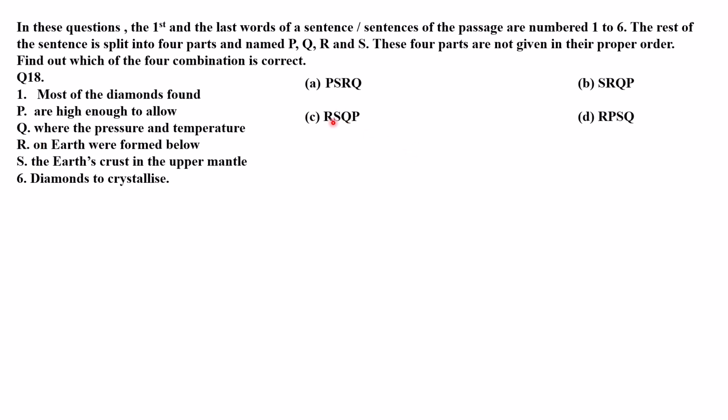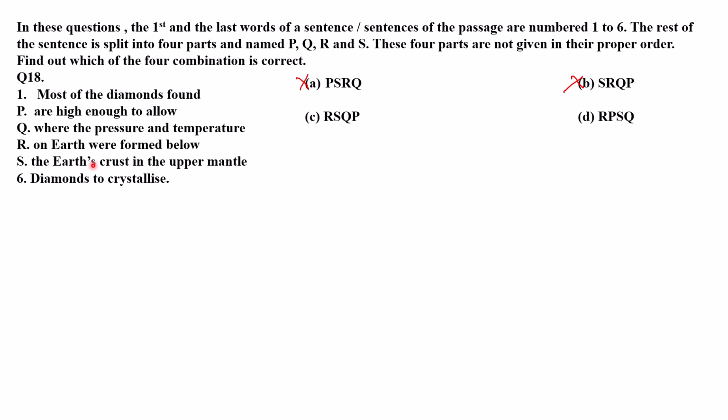Now from R, only two options are there, C and D option. So A and B option you can eliminate. Okay, so you can use the elimination technique over here. Now you know that your answer will be either from C or from D. So let's start reading again. Most of the diamonds found on Earth were formed below, where from?